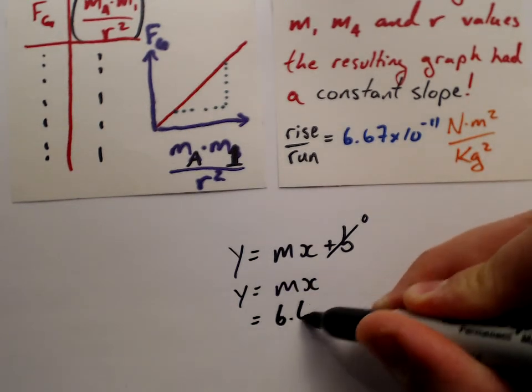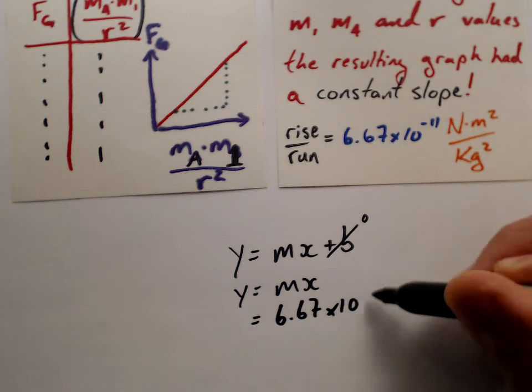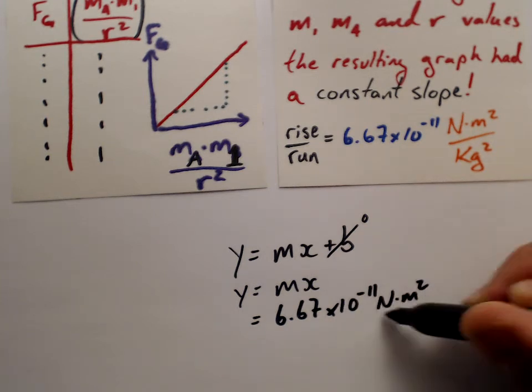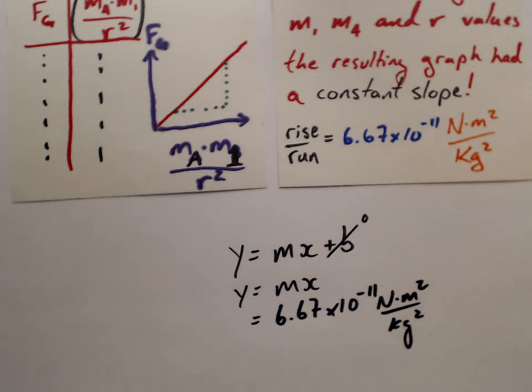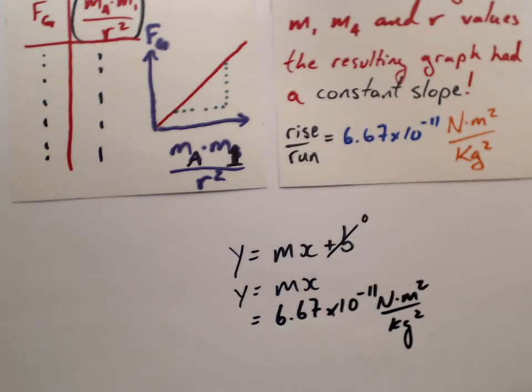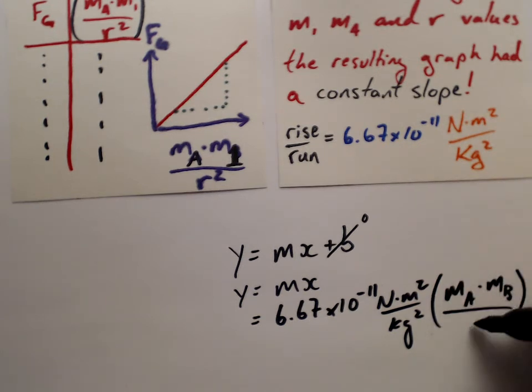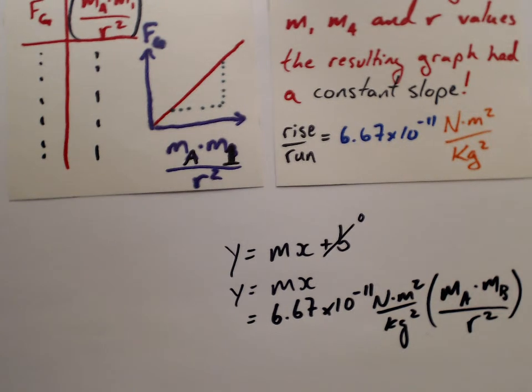It's 6.67 times 10 to the power of negative 11 Newton, we'll throw in the units, meters squared per kilogram squared. What was the x again? Let's take a look at the axis. It was mass A times mass B all over r squared. And what was the y again? Oh yeah, force due to gravity.